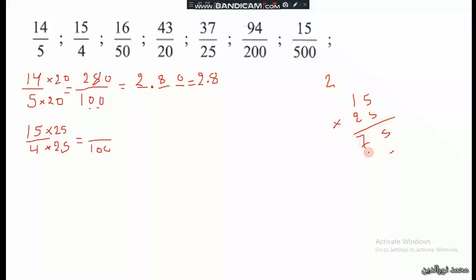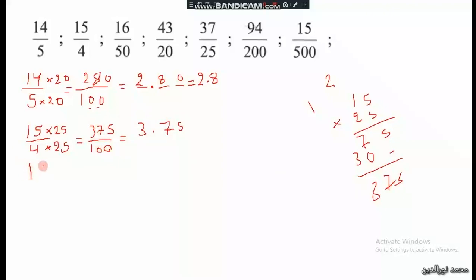Leave this digit. 2 times 5, 10. 2 times 1, 2 plus 1 is 3. So it's 375. And as a decimal number, we have two decimal digits. 7 and 5 are the decimal digits. So 3.75.